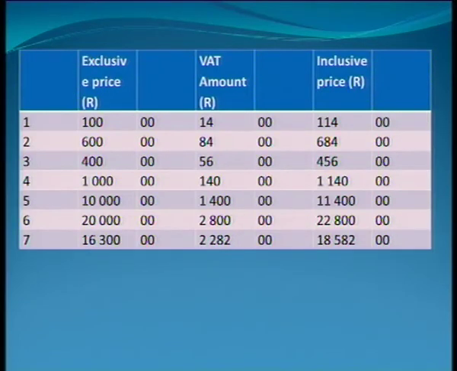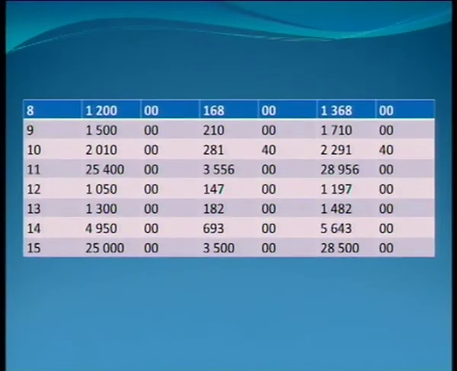Altogether, what you are going to pay as a customer will be 18,582. Number 8, you move on. 1,200, 1,608, that's your VAT, and then the total inclusive is 1,368.